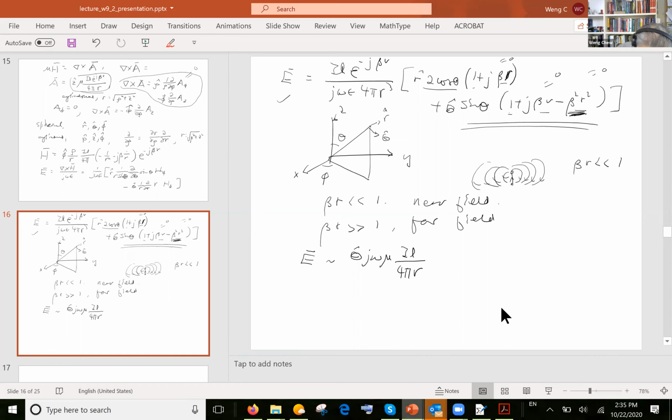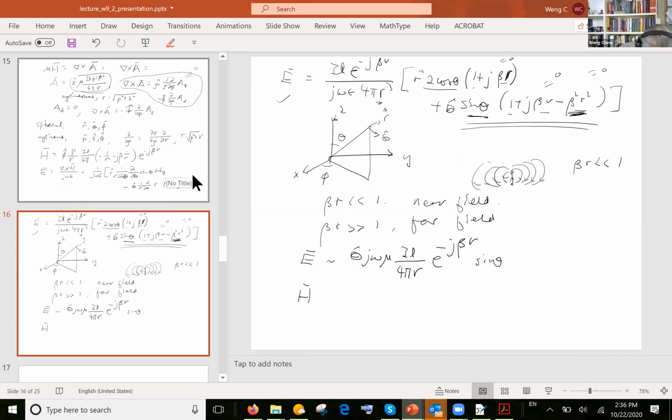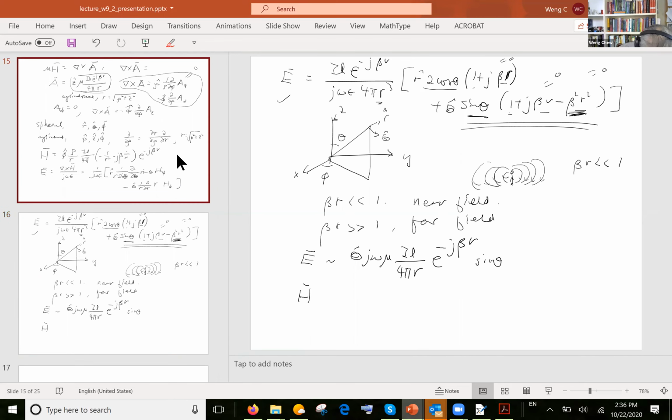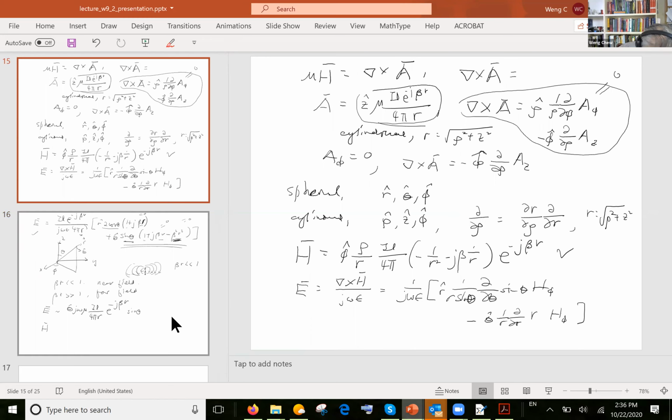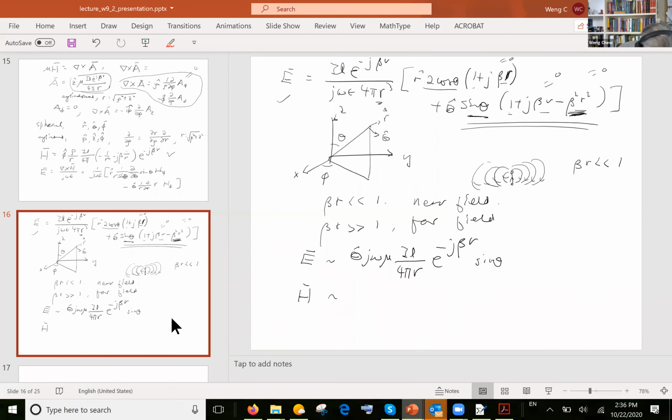I L over 4 pi r. Because this beta r squared, this is r cubed, then you have 1 over 4 pi r. And then you have this phase function left, e to the minus j beta r. And then you have sine theta, coming from here. And then you can show that the H field that we have derived earlier, given by this expression over here, in the far field would be something like phi hat.